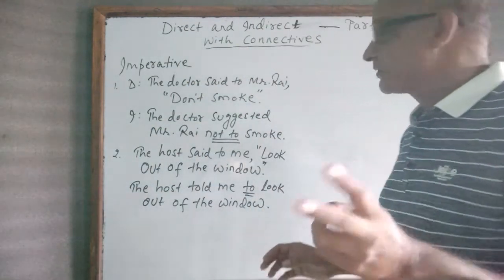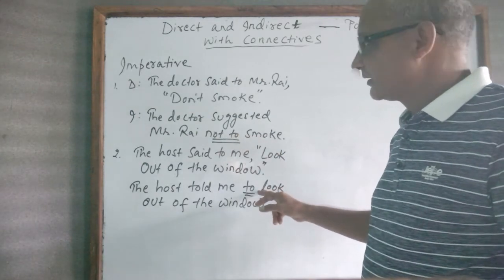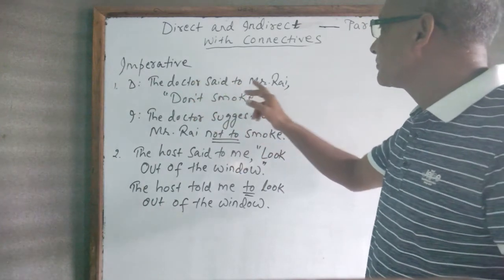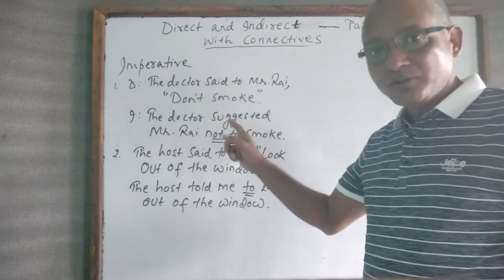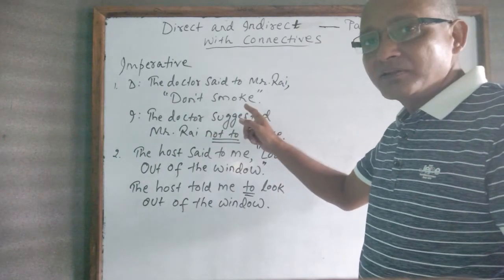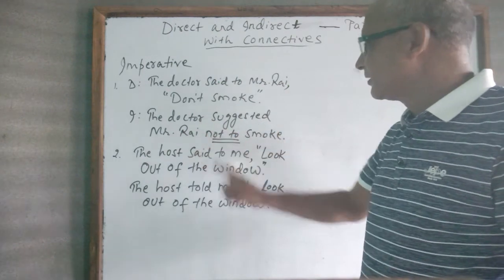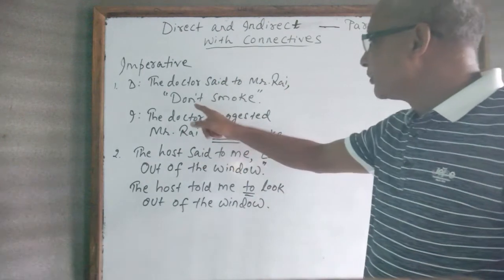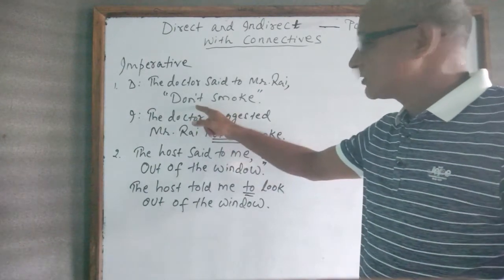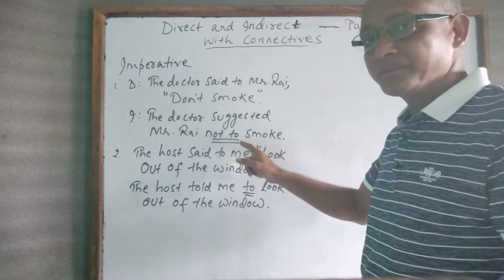We usually use the connectives not to or to, depending on the kind of sentence. For example, the doctor said to Mr. Rai, don't smoke. This is a suggestion, so I have used the word suggested. The doctor suggested Mr. Rai not to smoke. Don't converts to not to. Let us always remember, don't always gets converted to not to, and this becomes a connective.